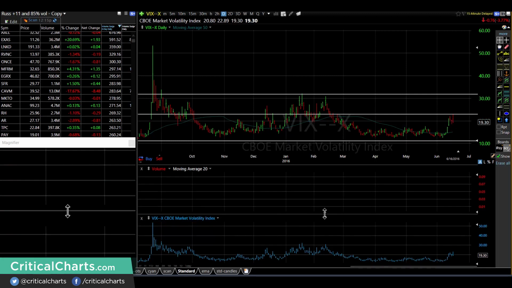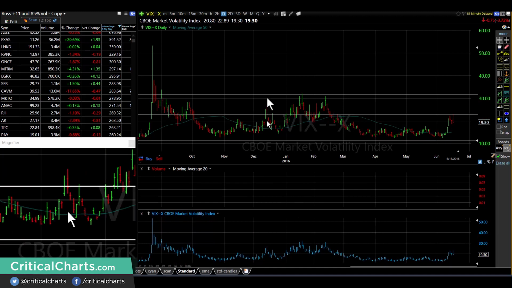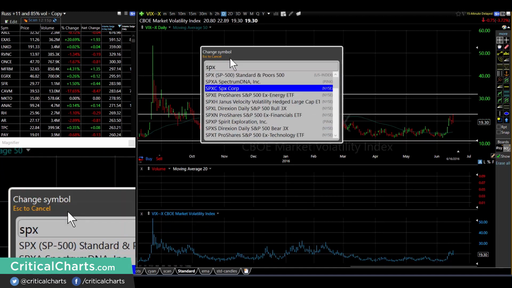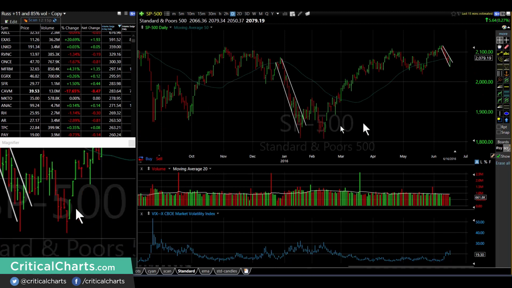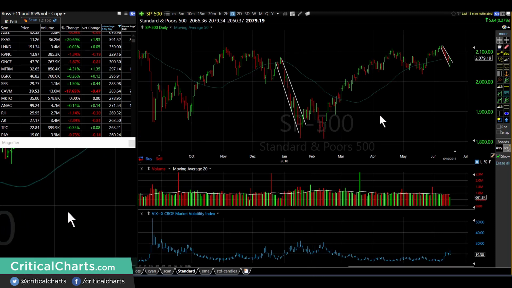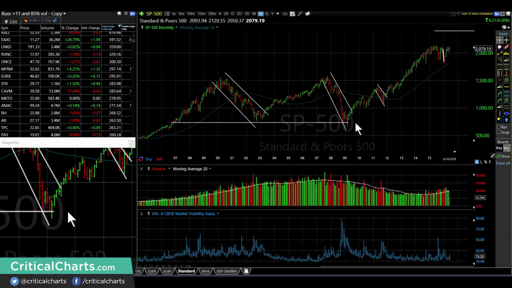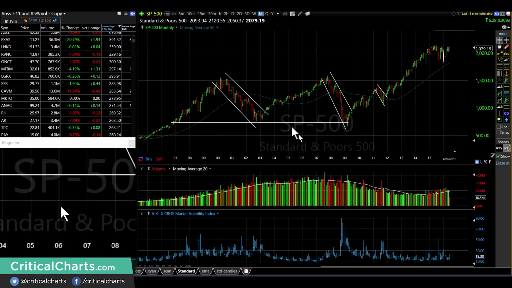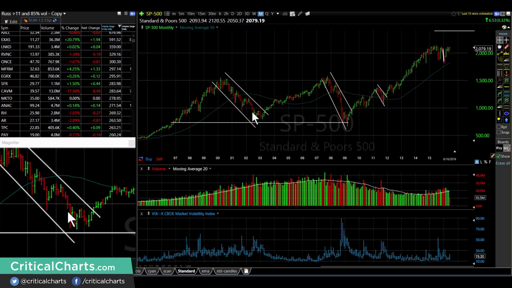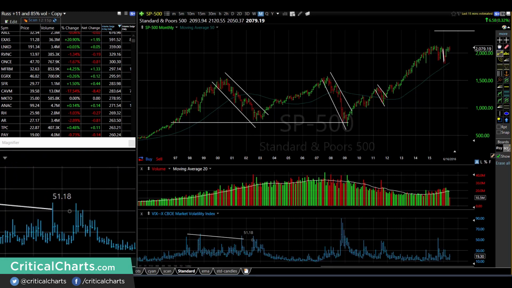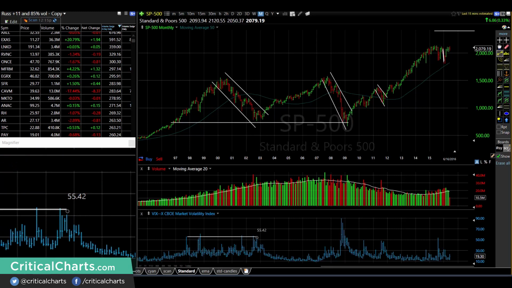So what does this tell me? Well, anytime the market sells off, if you go to the S&P, that VIX tends to spike. If you go back and take a look at this on the monthly chart, you can see that when we had these pullbacks in 2000, 2001, 2002, 2003, we had a higher VIX spiking.